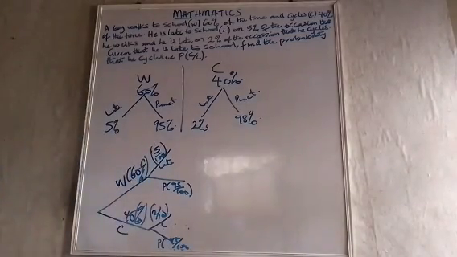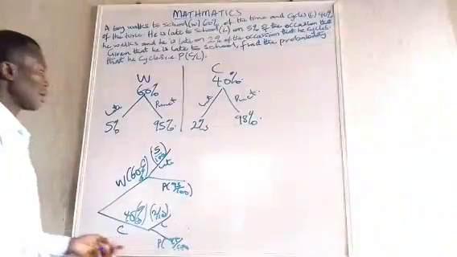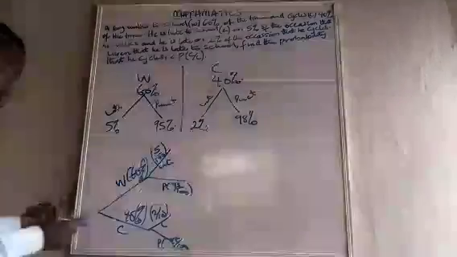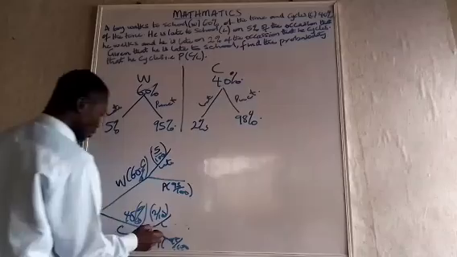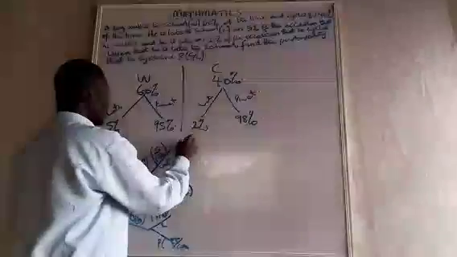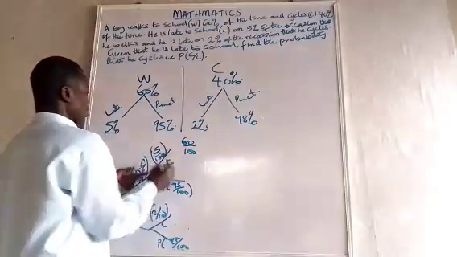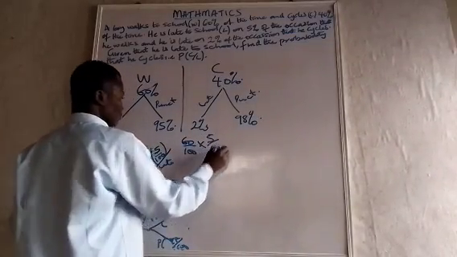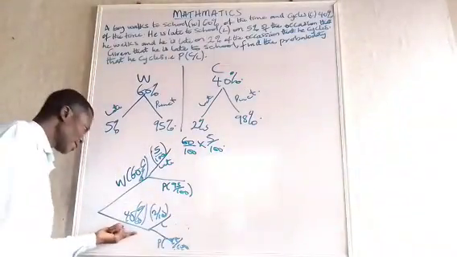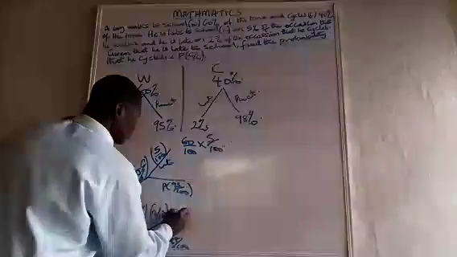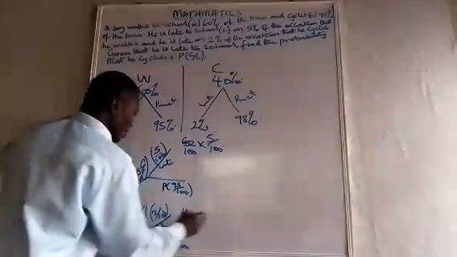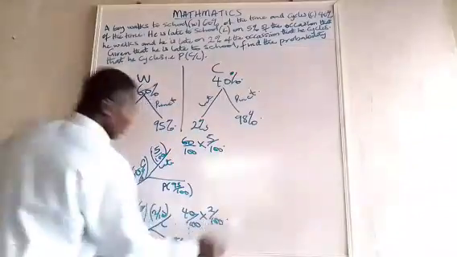Now, let us calculate the total possibility of his being late. For this one to be late, we are going to have 60% of the time, and out of the 60% of the time, he's late by 5% of the time. Here, he cycles by 40% of the time, and then he's late by 2% of the time.